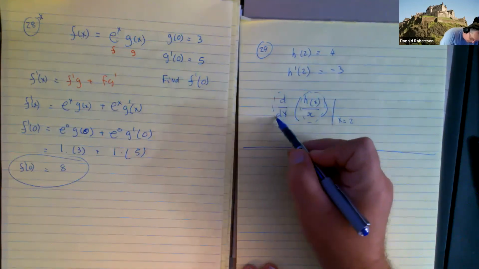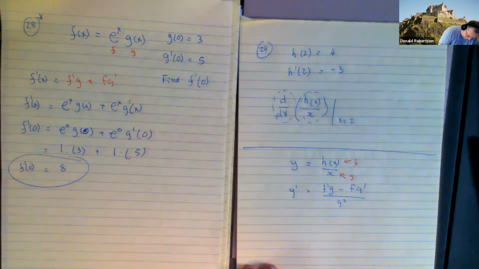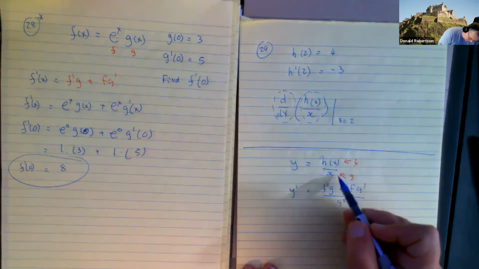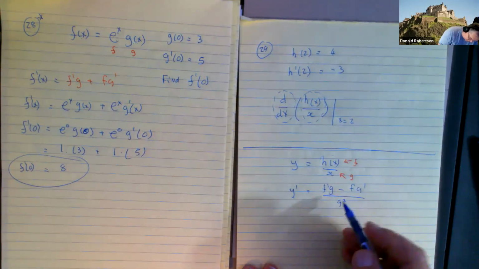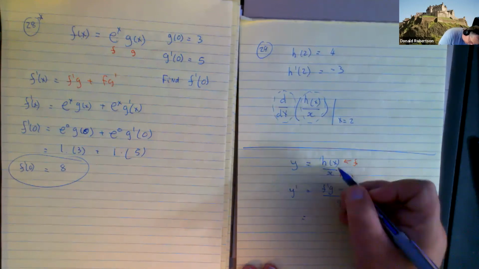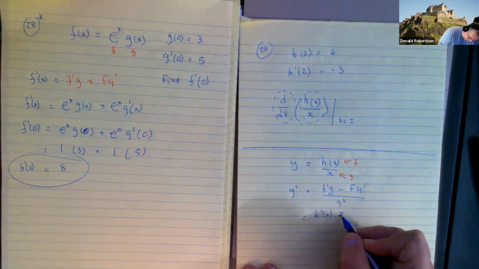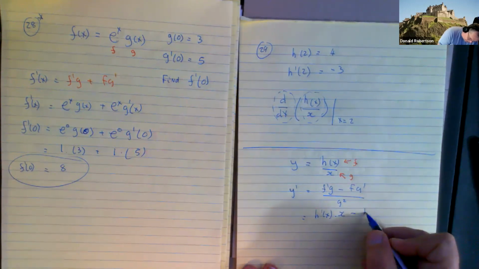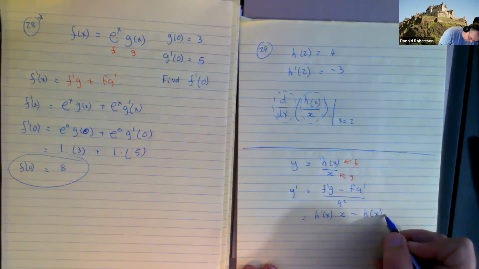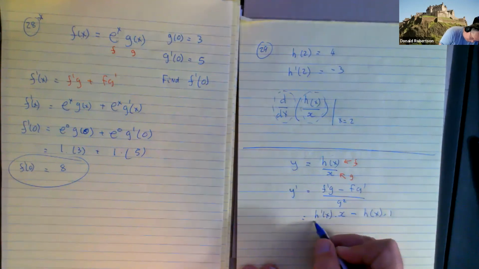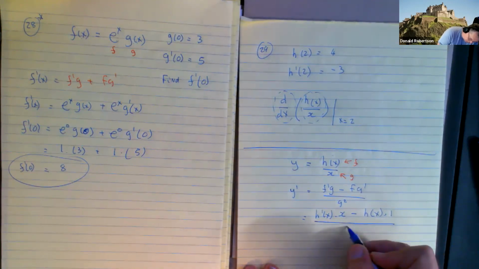And then I'm going to differentiate it, which is what that's telling us. So here is the function, and this is how I'm going to find its derivative. If you differentiate the top, you get that, times the untouched bottom. Take away, leave the top alone, and differentiate the bottom, all over the bottom squared.